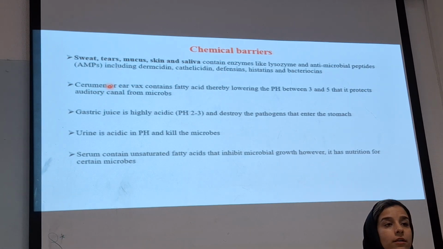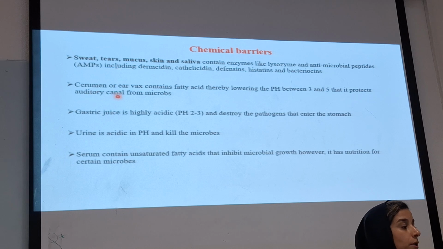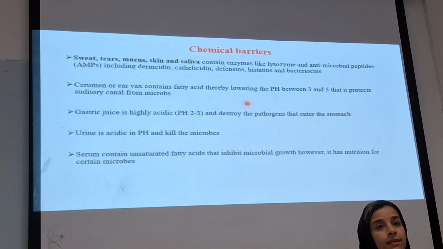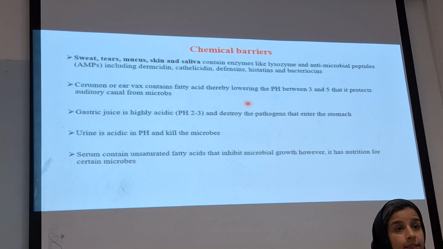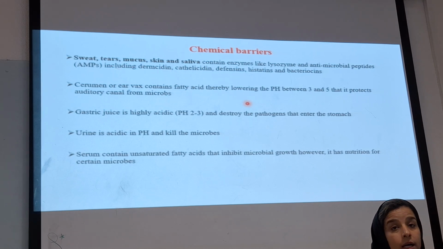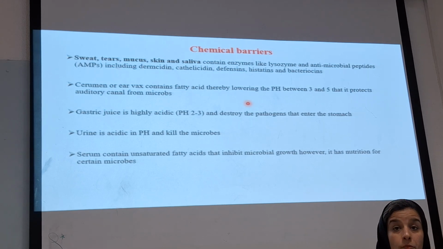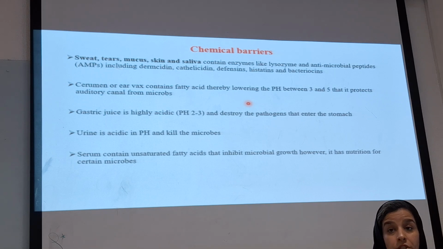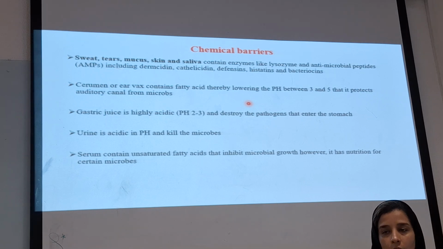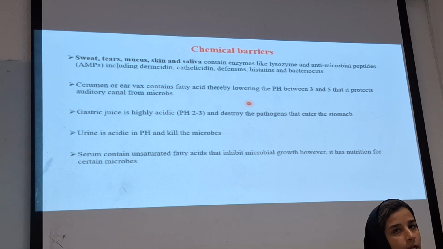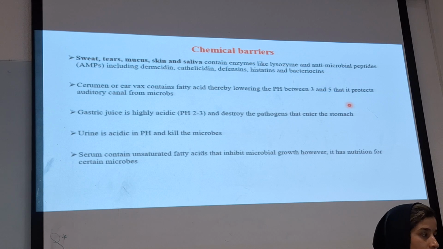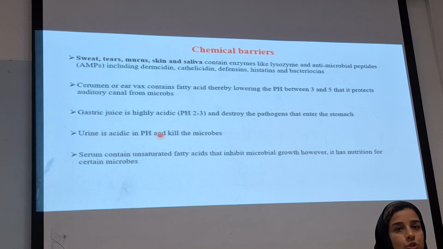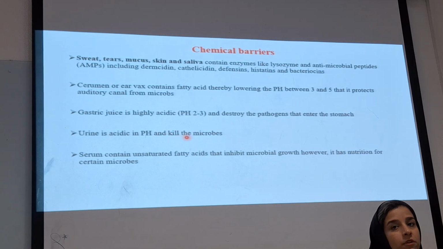And another area in our body is cerumen, or ear wax, and this wax also contains some antimicrobial peptides, and also because of the low pH in this area, it protects us against pathogens, because it inhibits the growth of pathogens here. The pH is between 3 and 5. And gastric juice is another type of chemical barrier.